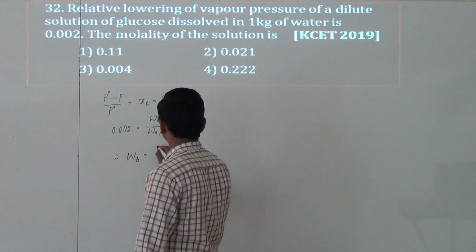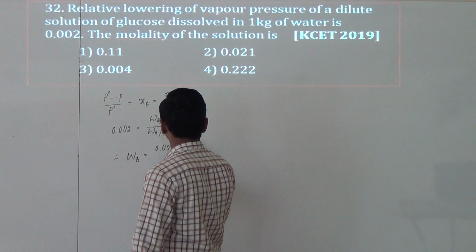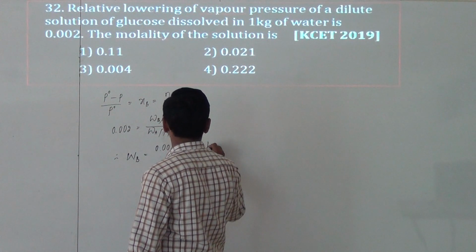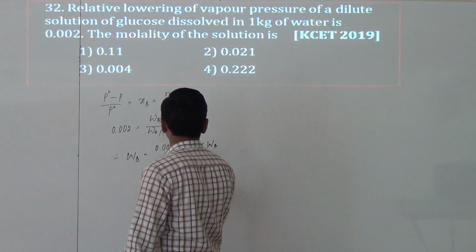WB is equal to 0.002 into MB into WA divided by MA.